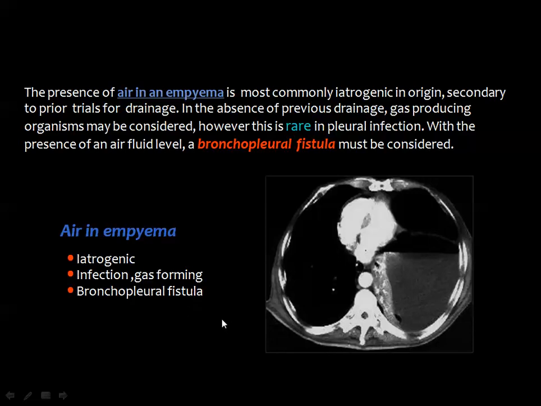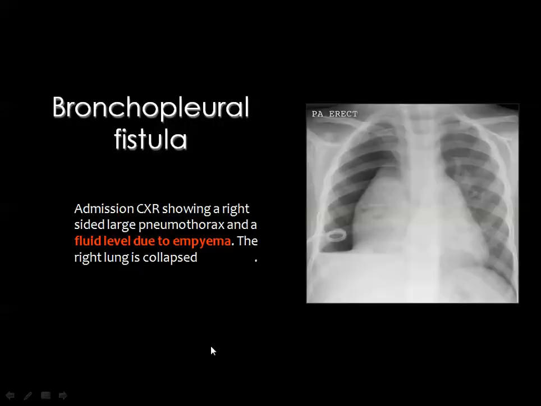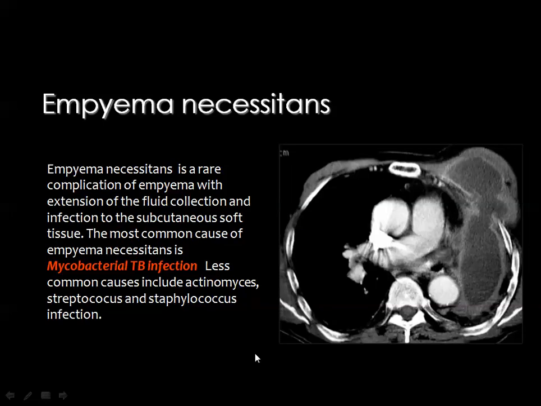In adults, if the iatrogenic cause has been excluded, think of bronchopleural fistula rather than infection with gas-forming organism, which is considered rare. Then, if you have a pleural fluid with no previous interventional techniques and it has developed air inside, think of the possibility of the development of bronchopleural fistula.